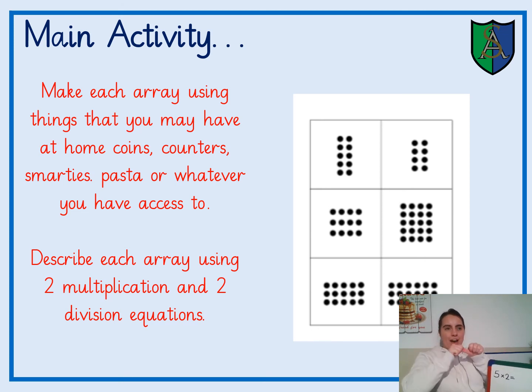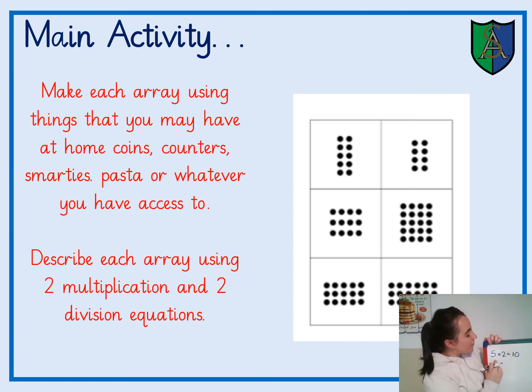So 5, 10. Fabulous. So the answer is 10. If you were to count all of those dots, in fact, let's do it now. 1, 2, 3, 4, 5, 6, 7, 8, 9, 10. There would be 10 because 5 times 2 is equal to 10.